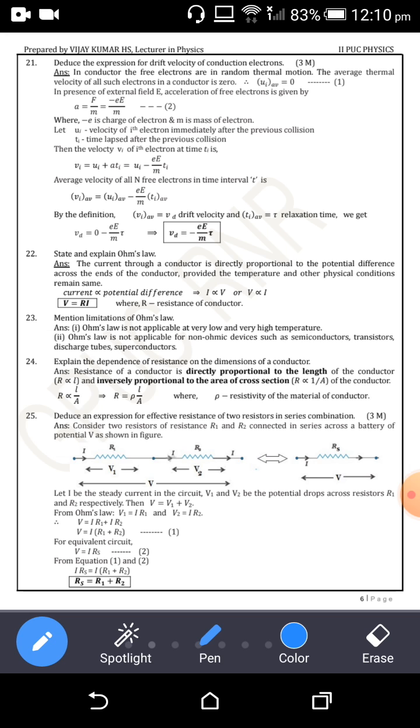The I gets cancelled on both the LHS and RHS. The left out thing is R subscript S is equal to R1 plus R2. So this is regarding the effective resistance of two resistors connected in series.